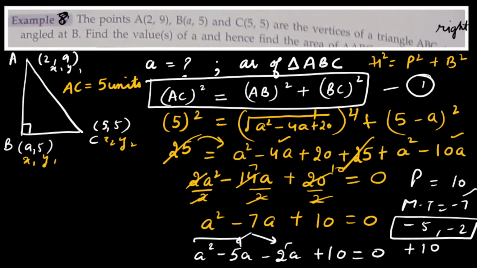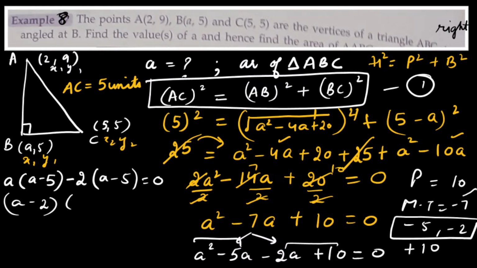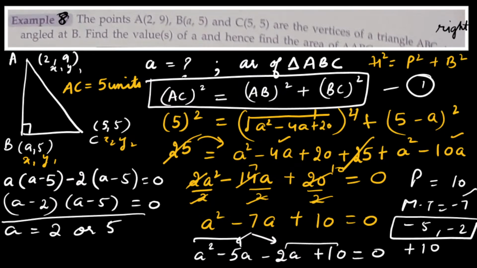This is one pair, this is another pair. So here I can take A common, so A minus 5 is left behind. Here I can take minus 2 common, so A minus 5 you can directly write. So A minus 2 into A minus 5 is equal to 0. So from here we'll get the value of A equal to 2 or A is equal to 5. A is 2 or A is 5.